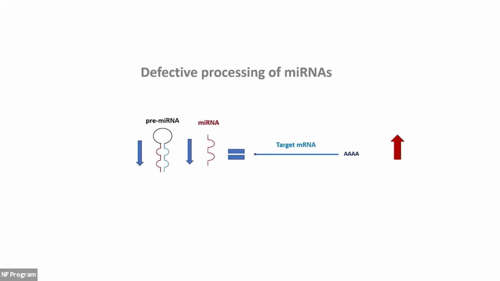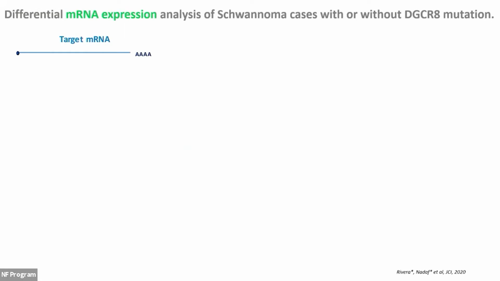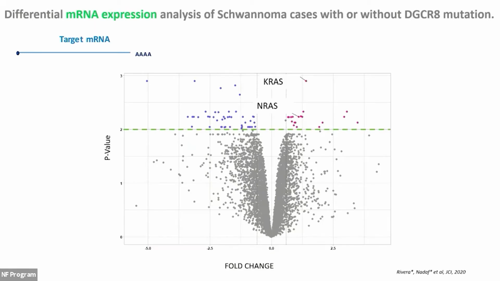All right, so we have a defective process in the microRNAs, down, mature and precursors, so what is going to be up? This is still very preliminary because we only had 5 mutated samples at that time and 4 controls, but we looked at targets. 2 of the most overrepresented targets were RAS proteins.